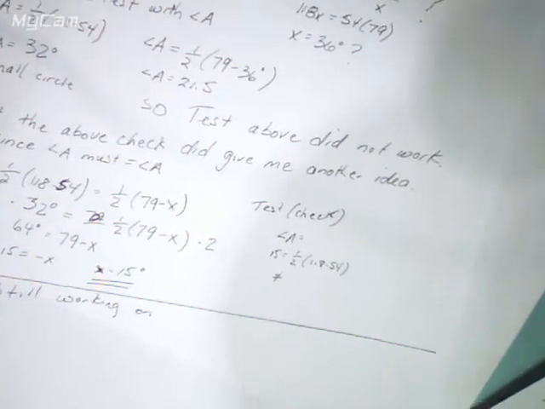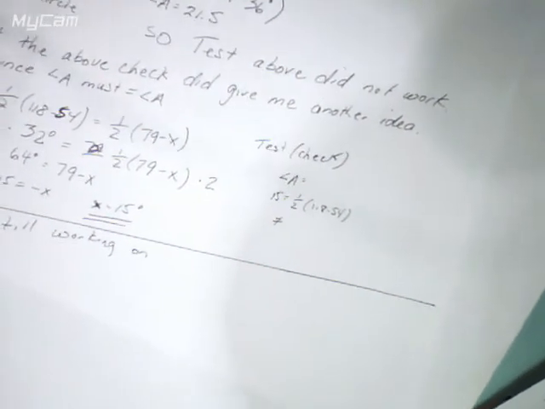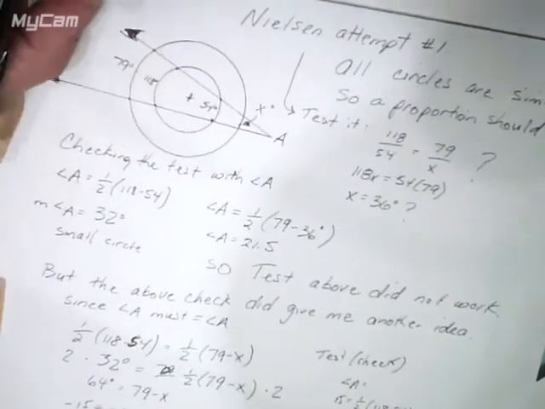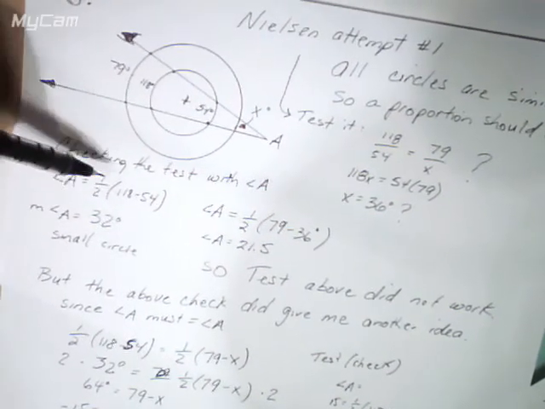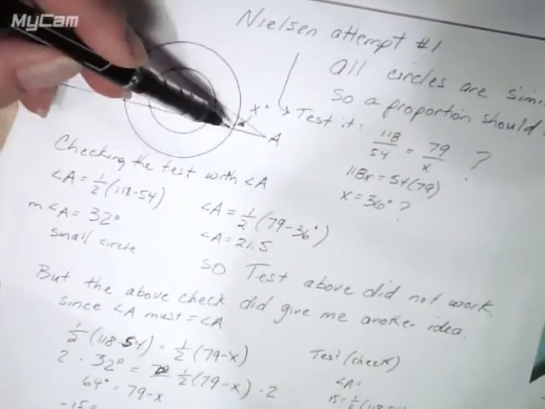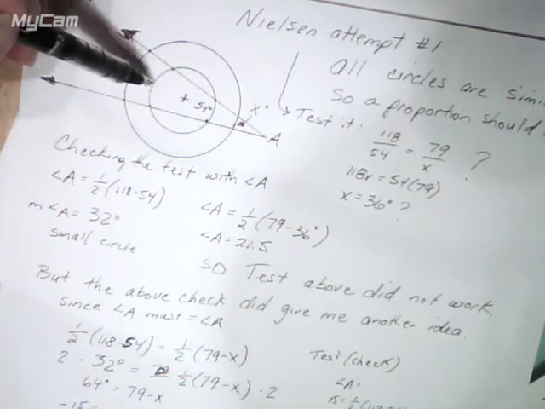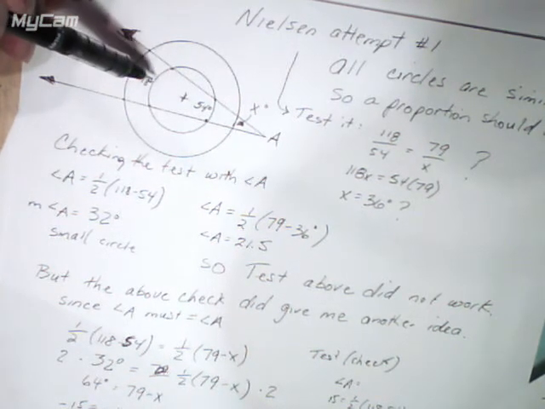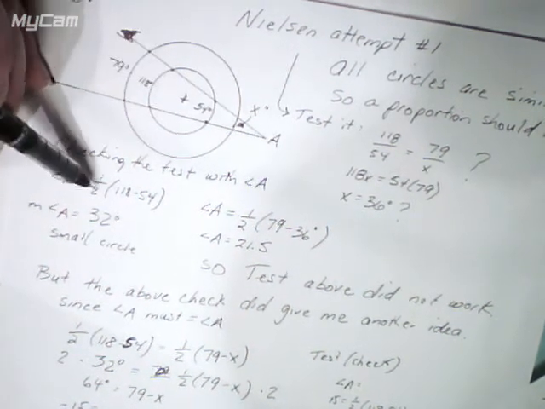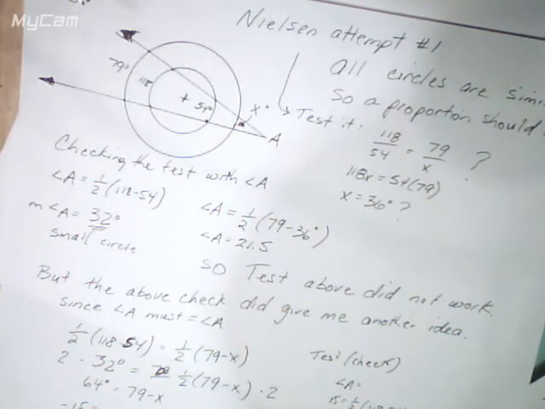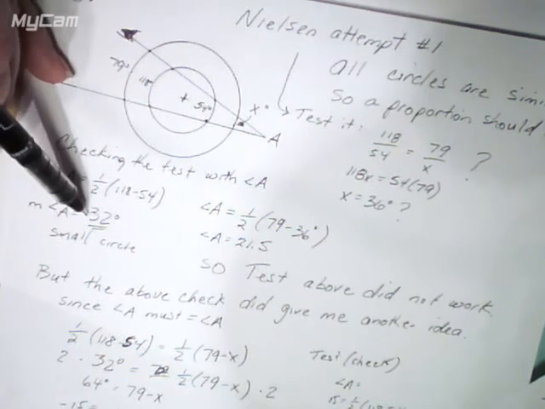But again, I got one more idea here. Back to this. We solved angle A with the two unknowns. Some of you who have followed me are going, oh, Nielsen, I see how to do it. So does Nielsen, finally. Right here, I know the measure of angle A is in fact 32.